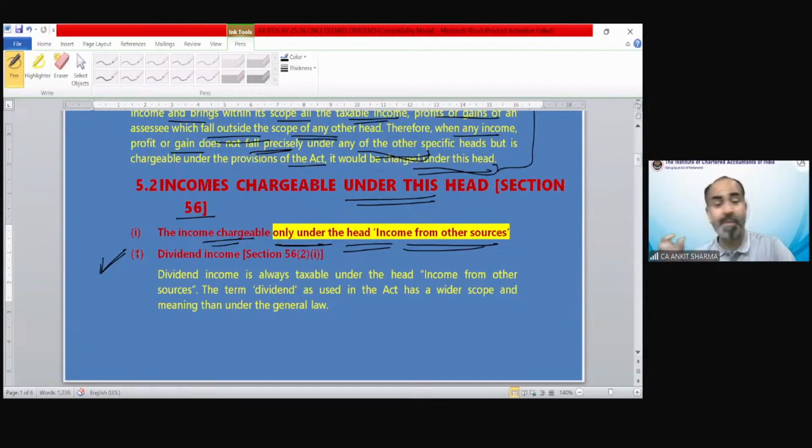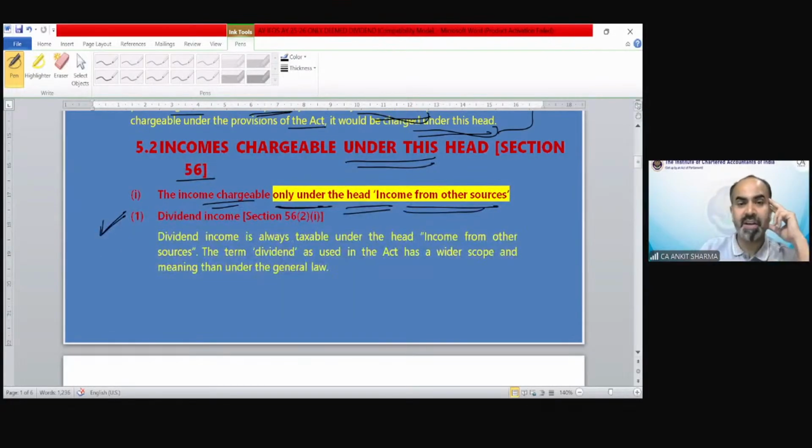So what is deemed dividend? That is something which does not fall in the definition of dividend, but we are going to treat it as dividend. Some other kind of distribution, not the profit, some other thing, if I distribute it to my shareholders, that will be called deemed dividend if the provisions are fulfilled. So dividend income is always taxed under the head income from other sources.